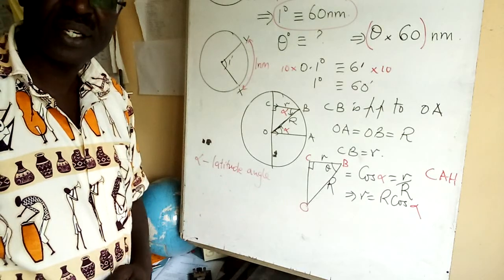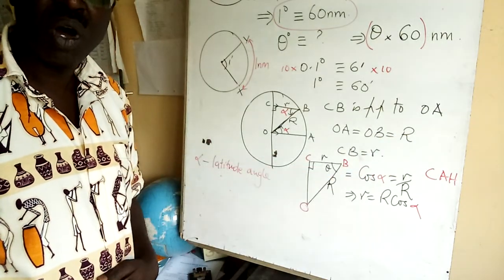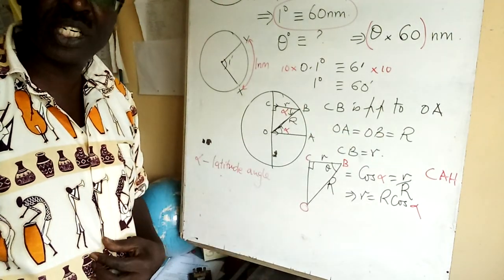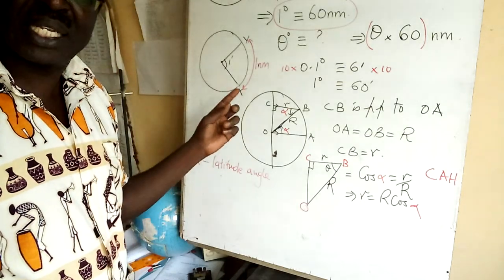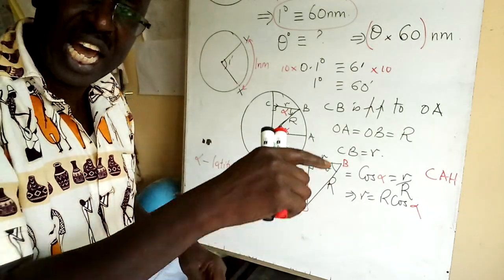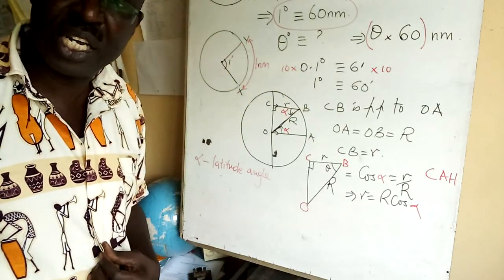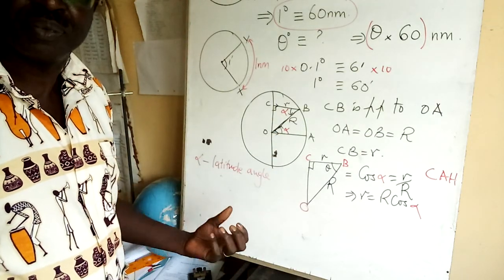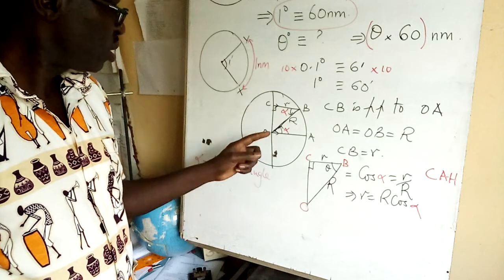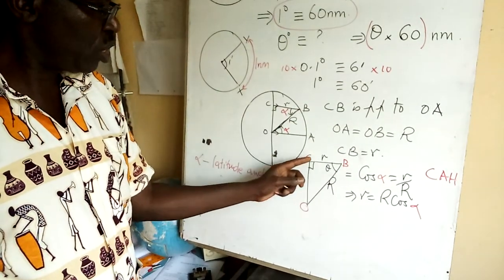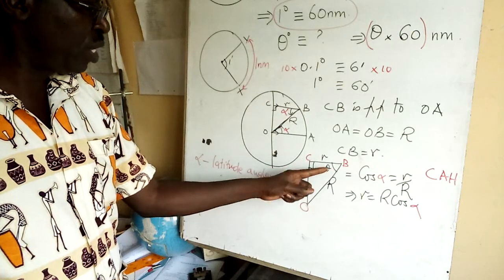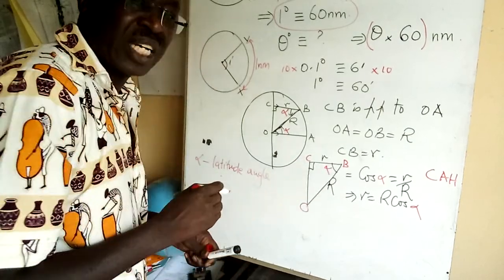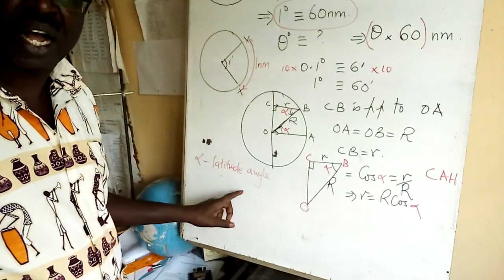They are radii, which will be represented by capital R. OA is the same as OB, which is radii, represented by capital R. CB is the radius of the latitude up there, so it is represented by small r. Now, if you extract triangle OCB, with this here as alpha, so that is a latitude angle, alpha.